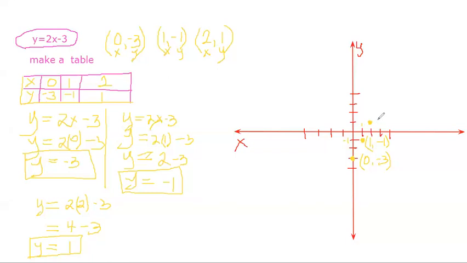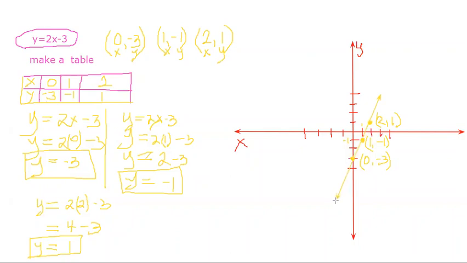So the coordinate is x is 2 while y is equal to 1. Then after that, you will connect. Right? Connect lang ninyo ang tatlong points. Alright? Connect the 3 points.